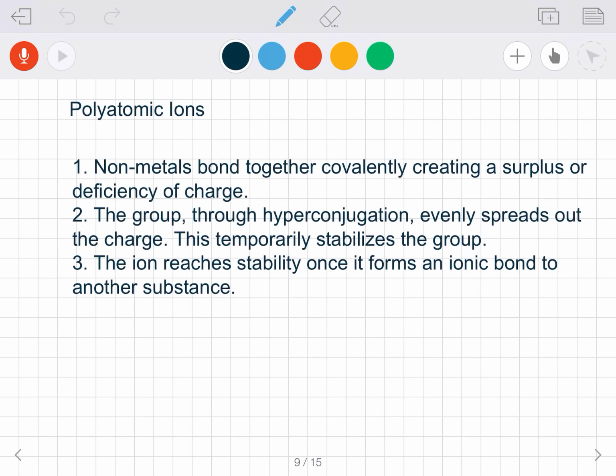And this spreading out of the charge problem creates stabilization. And once it's stable, that ion can go on to create an ionic salt by combining with another ion. So you basically have covalent bonding inside the polyatomic ion, and then that leads to ionic bonding outside of the polyatomic ion. So it kind of has both things going on.